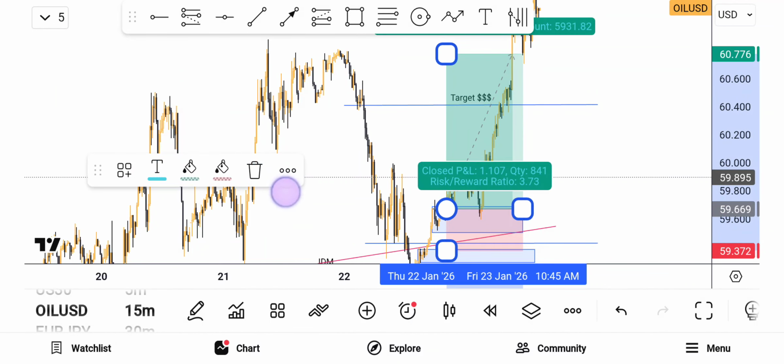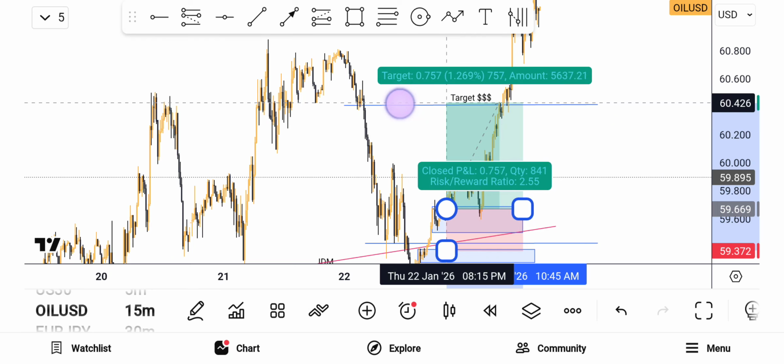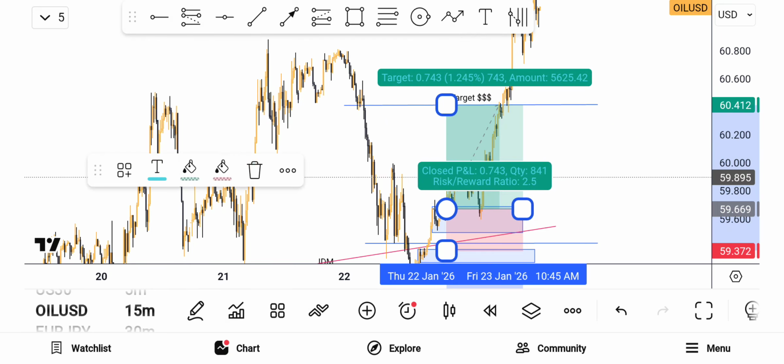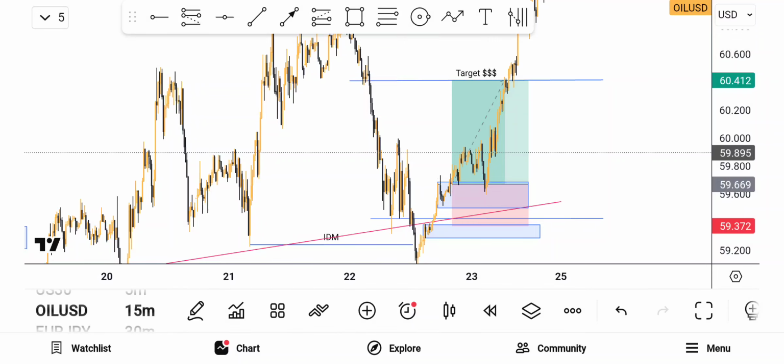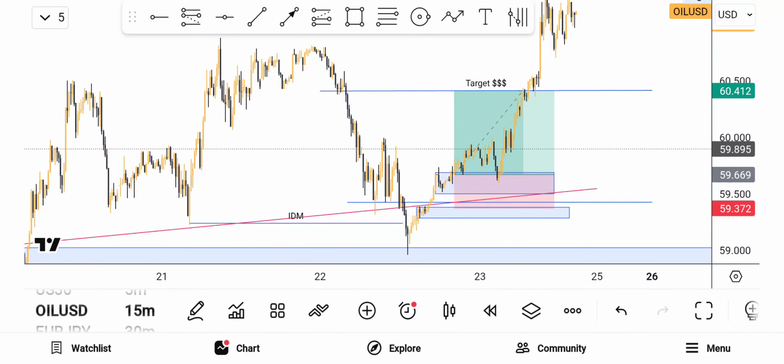Then the target, our normal thing, we target this high, which gave us 2.5 RR, which is very nice. If you are risking $100 on this trade, you're getting about $250 profit. So that is a very nice win rate.